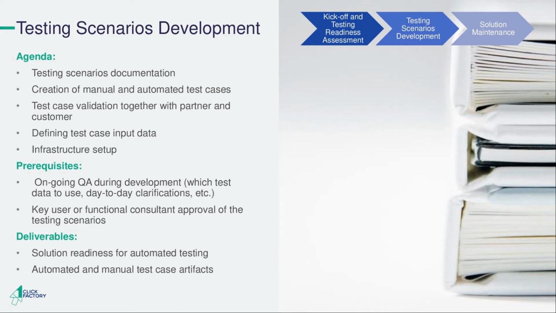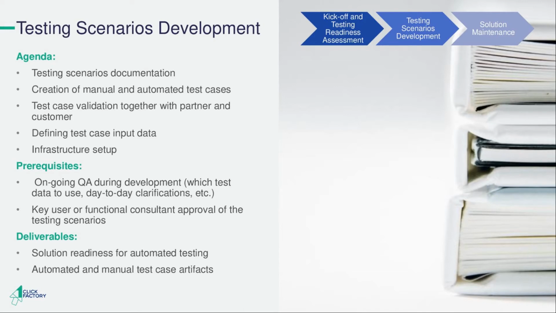So there are some prerequisites again. So there is a knowledge transfer and Q&A session basically about the customizations, and yeah, we'll need also your approval that these test cases are actually relevant. And the deliverables, as I mentioned, so in general, the solution readiness for automated testing is the main deliverable.